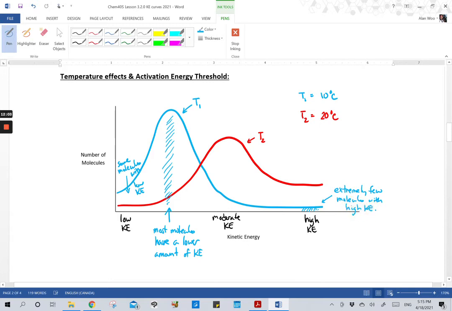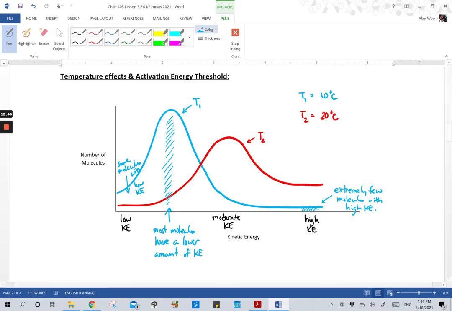And that's what you expect from a reaction that's at perhaps 10 degrees. If 10 degrees is a low amount of kinetic energy, then you're going to see a majority of them that have lower KE that amounts to 10 degrees Celsius. And at this end here on the left, where it has some molecules with low KE, that could translate into something like you have some molecules that are at 5 degrees. You have very few molecules that would be above 20 degrees, right? Experiencing high KE. So that's what the T1 curve tells us about the molecules in that reaction.